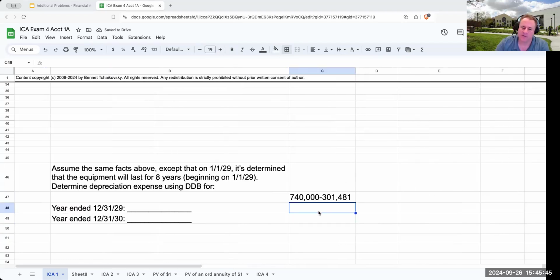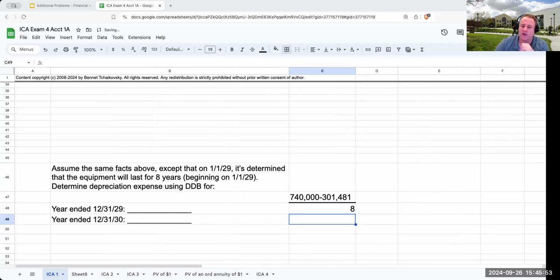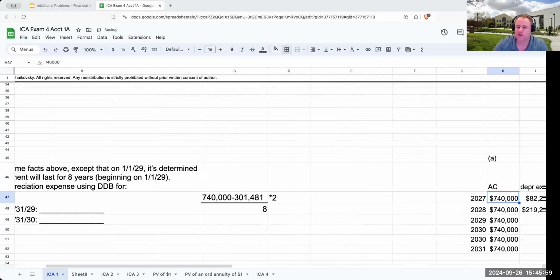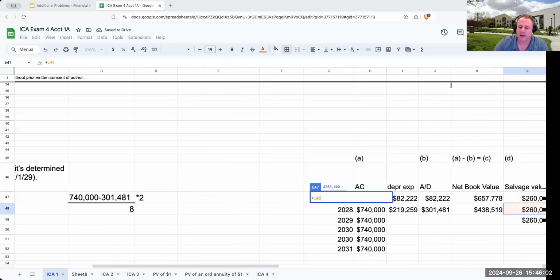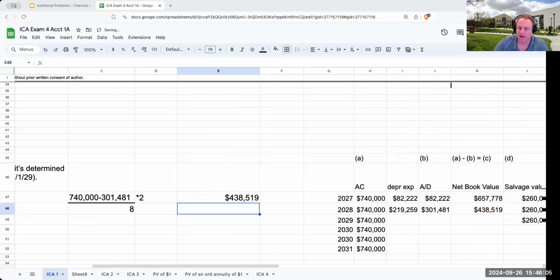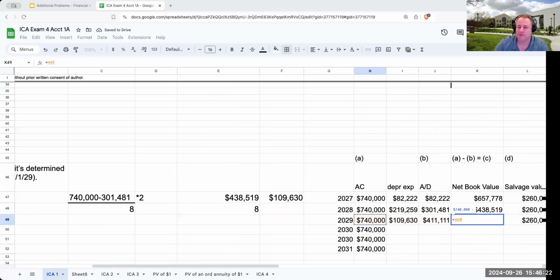Now, instead of dividing this by 6, this is now going to last us for 8 years, so I'm going to divide this by 8 and multiply by 2. My net book value is 438,519, or 740 minus 301,481. I divide this by 8 and multiply it by 2, and I get 109,630. That means my accumulated depreciation now is 411,111, so my net book value is 328,889.